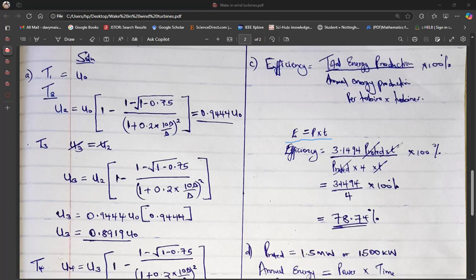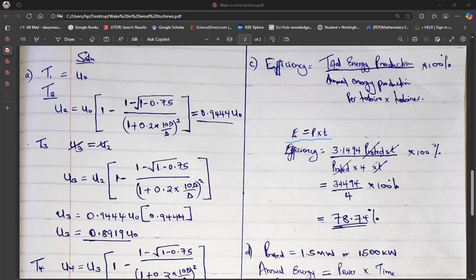We can just leave it as T, or use the value, but there's no need because they will eventually cancel out. So we have over the P rated, which is the power of the ideal turbine, then we multiply by the number of turbines. We know there are 4 turbines.